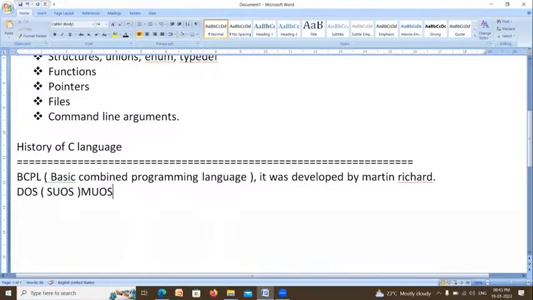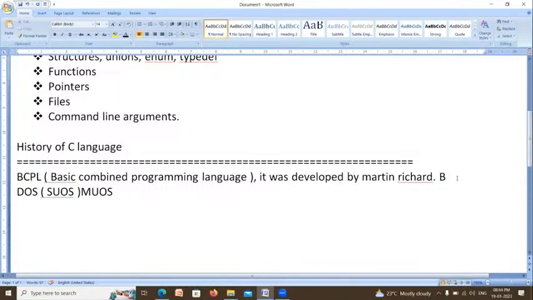To develop this multi-user operating system, they used to write code using BCPL. After some time, they came to know this language was not enough to build a multi-user operating system. Then they wanted to develop a new programming language, and they successfully developed it and named it B. So from BCPL, they developed the B language.